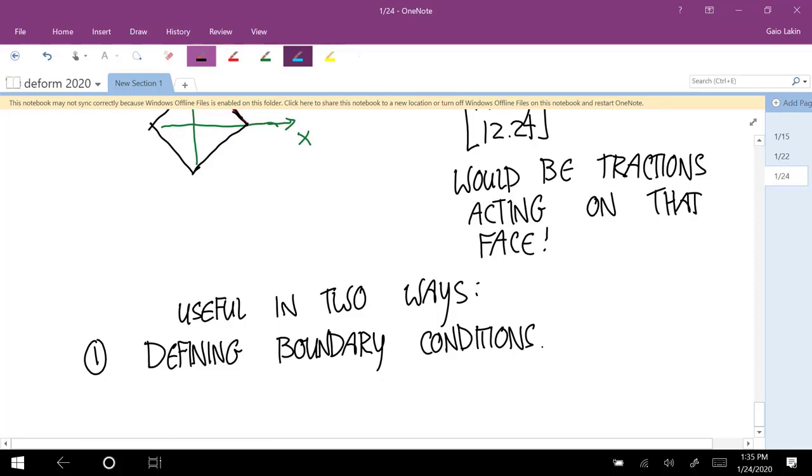We won't use this, but this is the kind of stuff that you do in continuum mechanics. So this is an important idea in continuum mechanics.